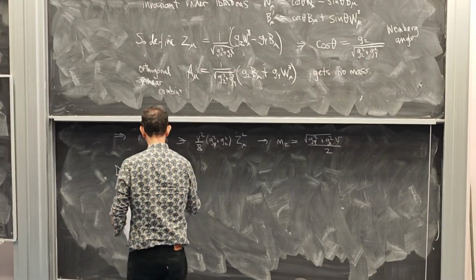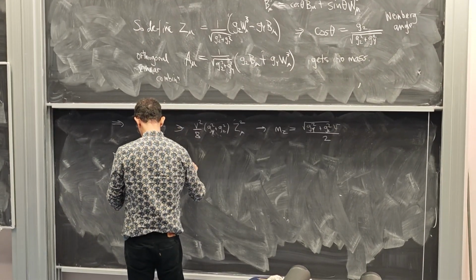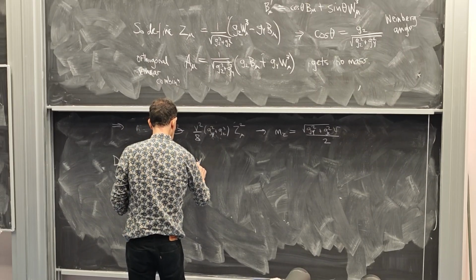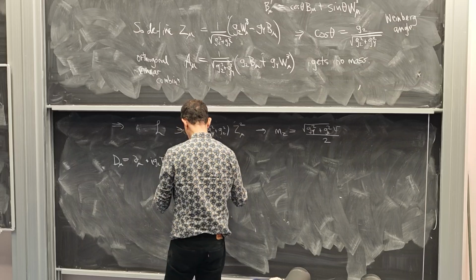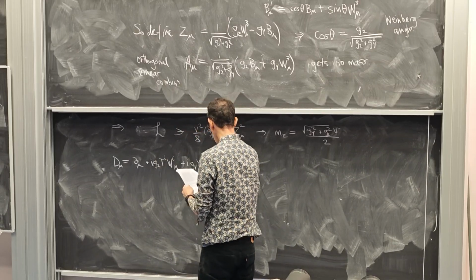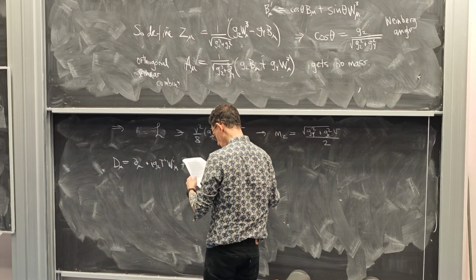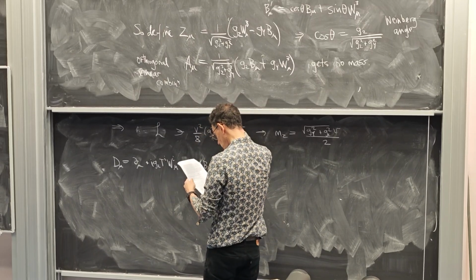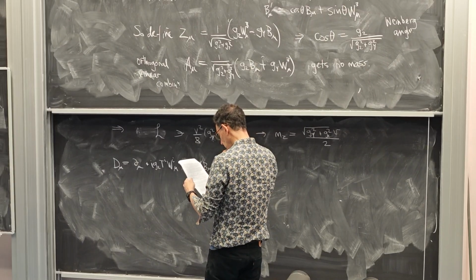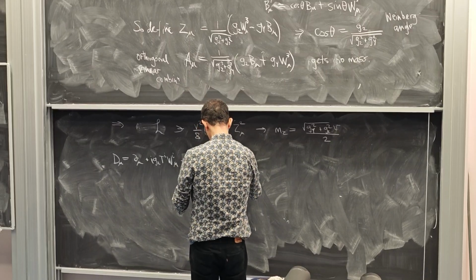Sorry, and I need the g1 as well, plus i gY Y B mu. Okay, so that was my covariant derivative on any field. I'm going to ignore color because the whole Higgs mechanism is color singlet, SU(3) singlet.